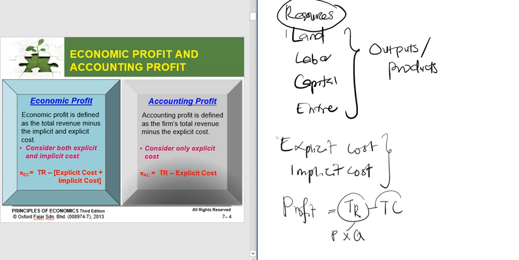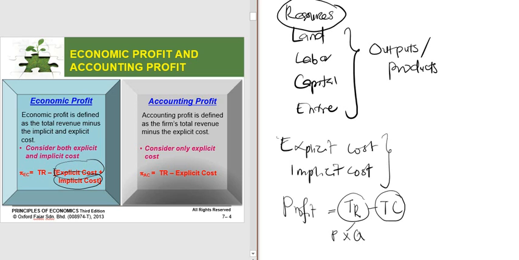Now you want to look at the cost involved in the production. For economic profit, you will include both explicit cost as well as implicit cost. So in economic concept, we actually have to include all costs involved in the production, including the implicit cost.